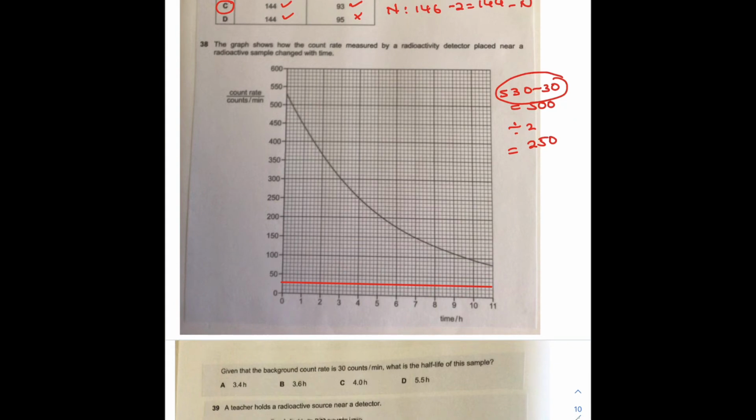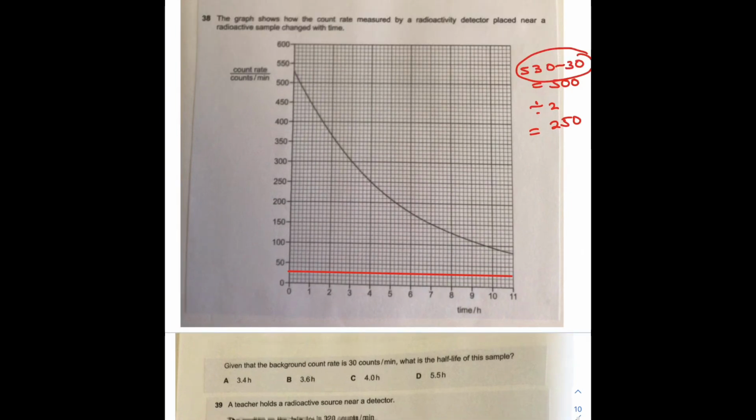Next it says, so 250. So that's 250, right? 2.5, not 2.4. So that's 530 to begin with minus 250, half-life, right?